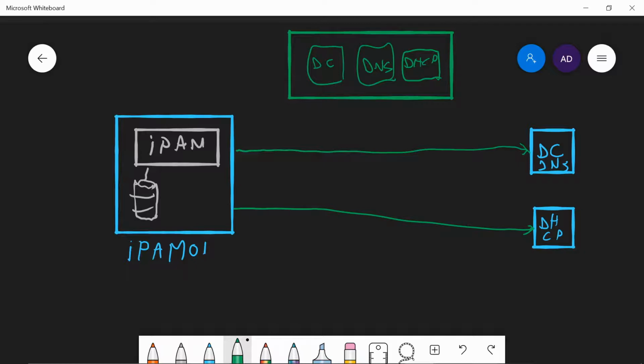And as soon as we choose that these two servers will be managed, what will actually happen is that the correct group policies will be applied to the servers that have the specific services on them. So these two will apply only to the first one, and the DHCP will apply to the second one.